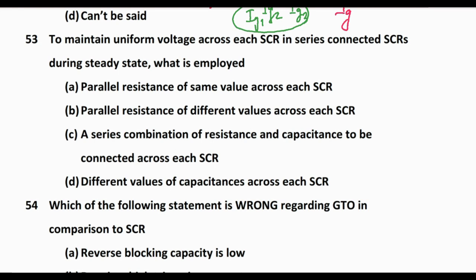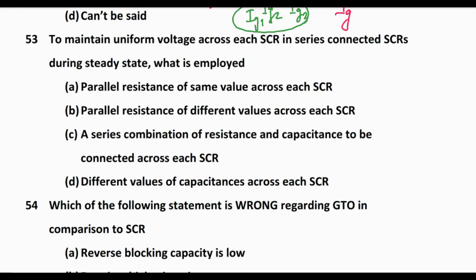Option A is parallel resistance of same value across each SCR. Option B is parallel resistance of different values across each SCR. Option C is a series combination of resistance and capacitance connected across each SCR, and option D is different value of capacitance across each SCR.